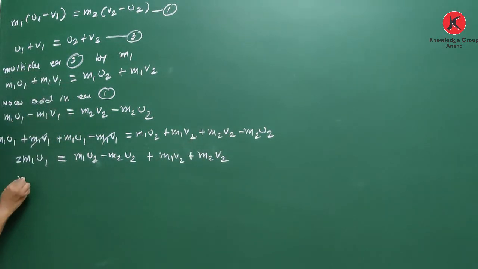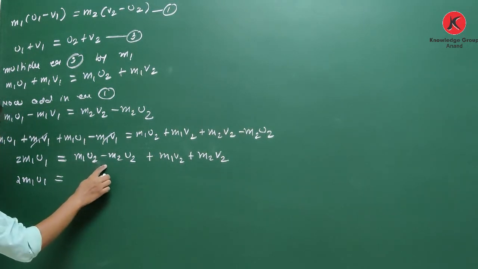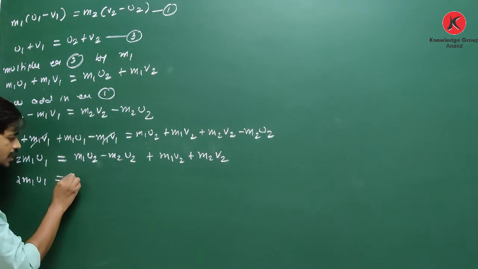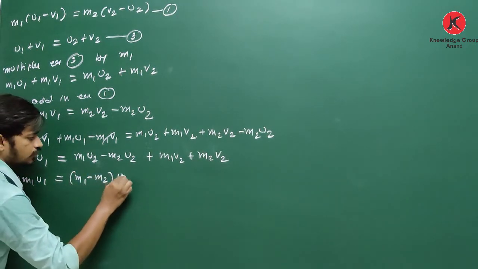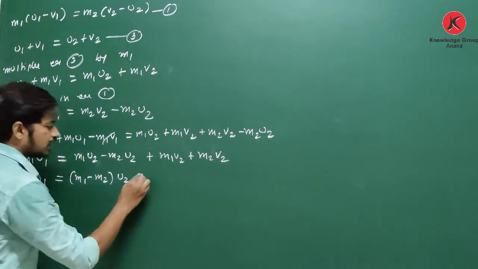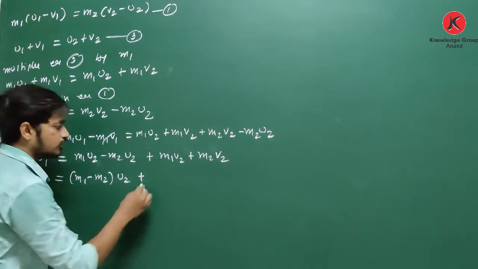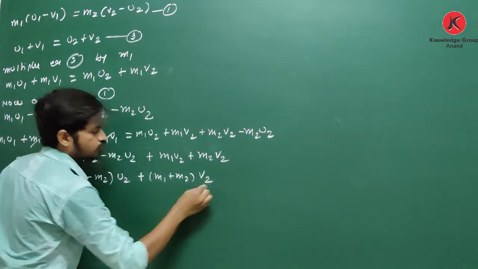So 2 m1 u1 is equal to, from this term I can take u2 as common. Then here I will get (m1 minus m2) u2. Clear about this? Plus, from this side, if I want to find v2, I can write it as (m1 plus m2) v2.